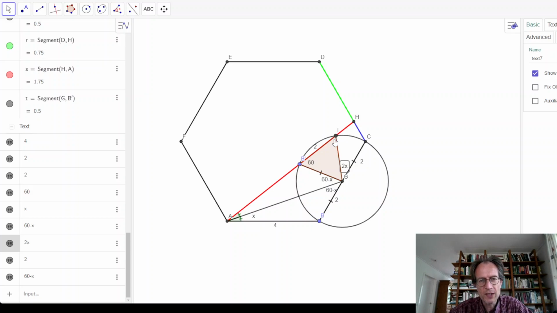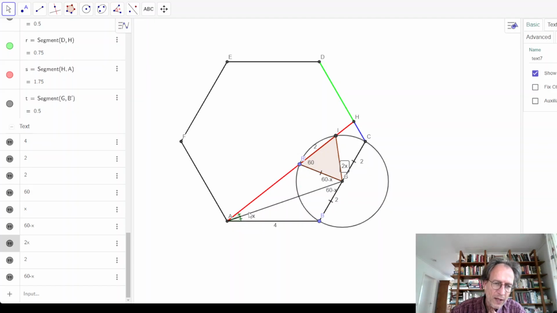So you can easily see that the 2 opposing triangles are congruent, and therefore they form again a kite, the kite GCHI. And what's more, that kite is exactly similar to the kite A, B, G, B prime, the one we found earlier.